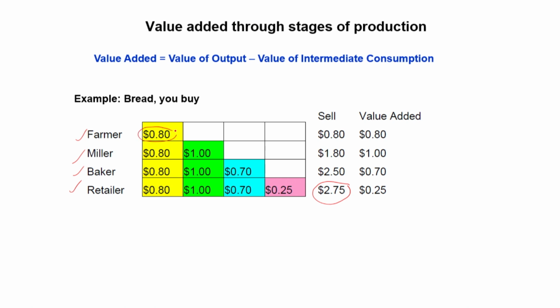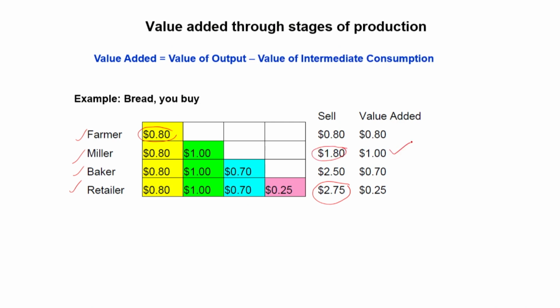Here we need to take an assumption that out of the blue, they just produce wheat worth $0.8. In fact, they use fertilizer, pesticides and so on, but for the time being, as a starting point, we assume that is their own contribution. Then the miller buys from them at 0.8, and after grinding and making it wheat flour, they sell it at 1.8.